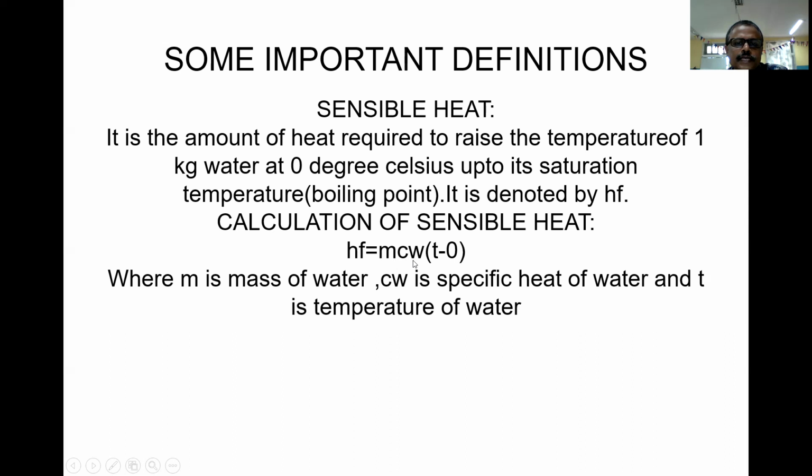M is mass, C is specific heat, dT is change in temperature. Here in this equation, M is the mass of water, Cw is the specific heat of water, and T is the temperature of water when it reaches the boiling point, and 0 is its temperature in the beginning, that is at 0 degrees centigrade. So this is the calculation method for sensible heat.